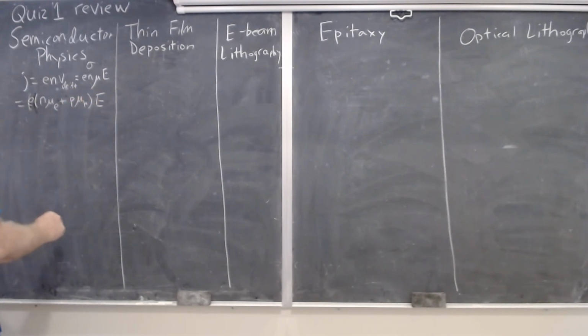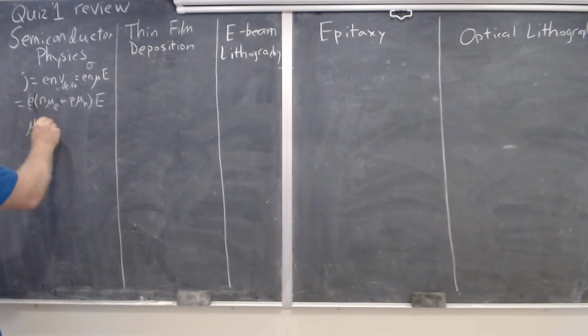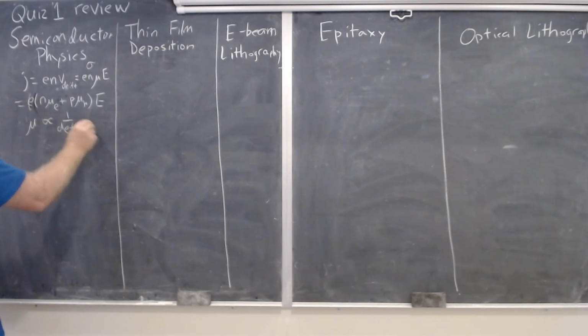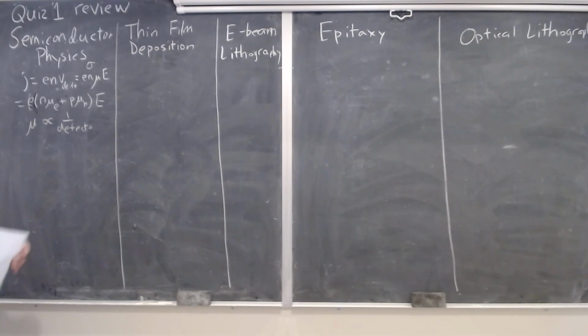And we learned that the mobility goes as 1 over the defects, which makes sense: the higher the number of defects, the lower the mobility.